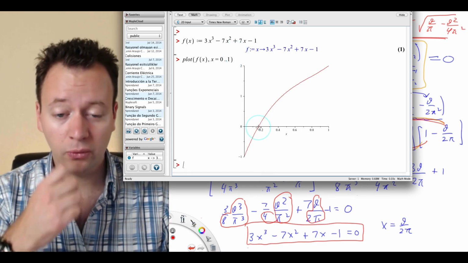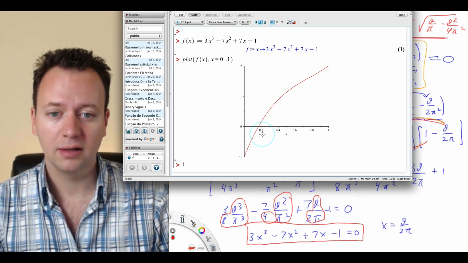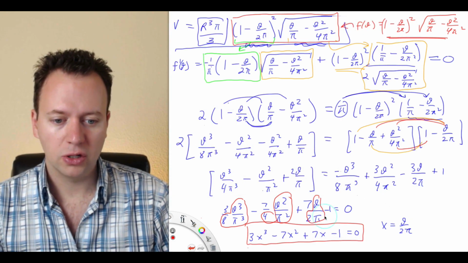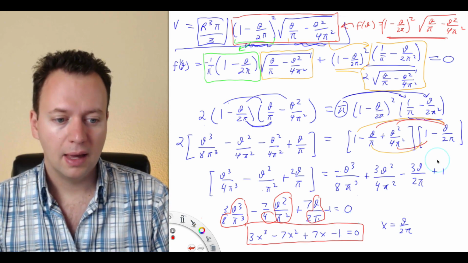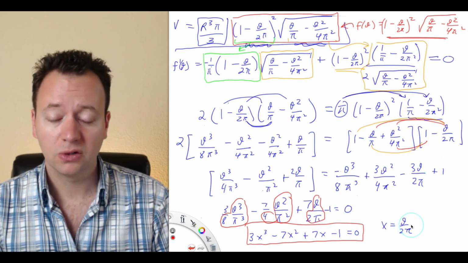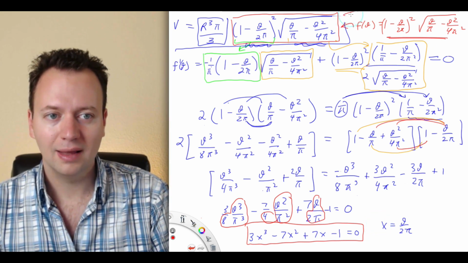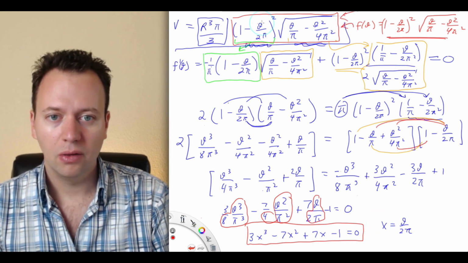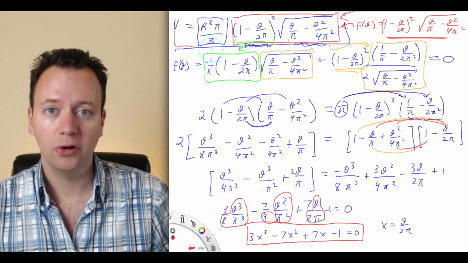So basically that root is going to correspond to the critical point of the function that will maximize the volume. So if you have a graphing calculator, you can plot this equation on the interval from 0 to 1, and then that gives you the value of x. So theta will just be 2 pi times that value of x, and then you would plug in that value for theta into the original volume equation, and that would give you the maximum volume.